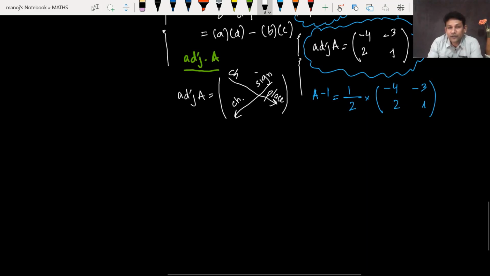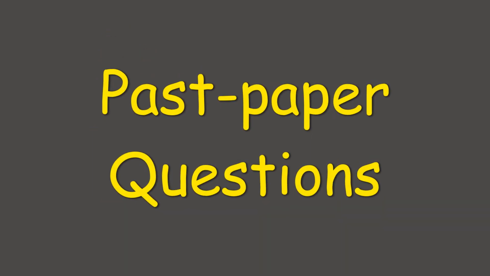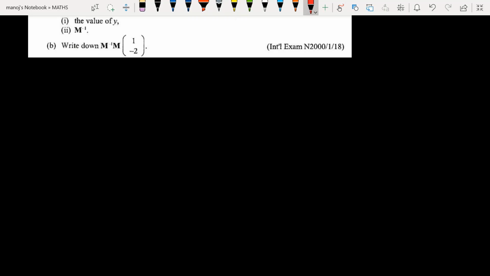Here you can write A inverse is 1 upon 2 multiplied by minus 1, minus 4 is, you can write minus 2 only. This multiplied by this is minus 3 upon 2. This you can write just 1 half. But this is also accepted, and this is also. This is the inverse of a matrix.